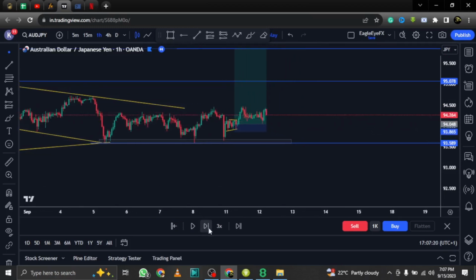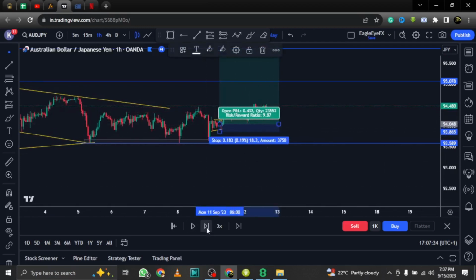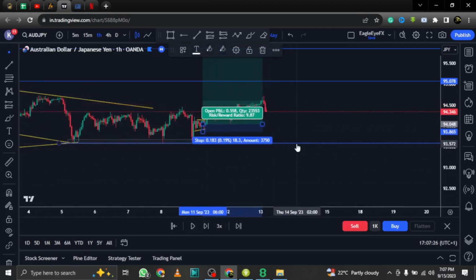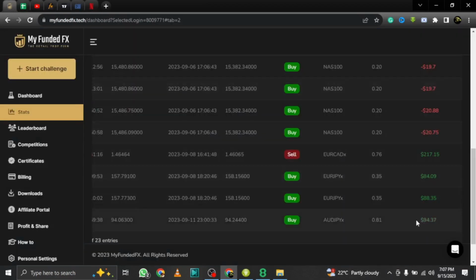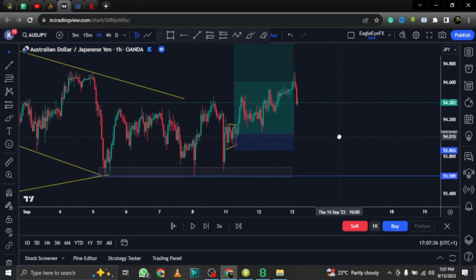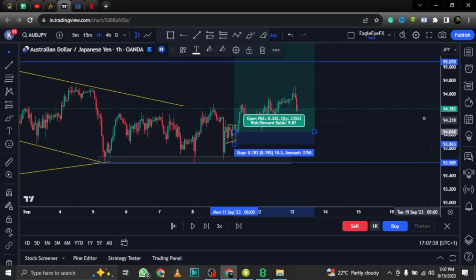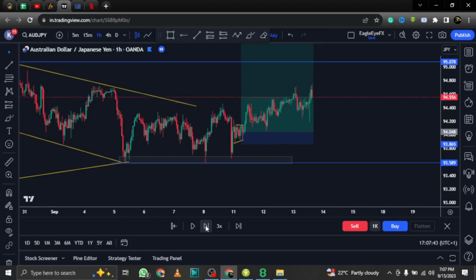It went all the way, came back to my entry, and I ended up manually closing it at 1%. Sometimes it happens, guys, it takes you out at break even.